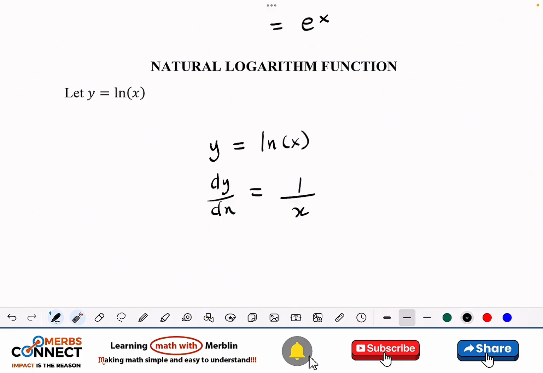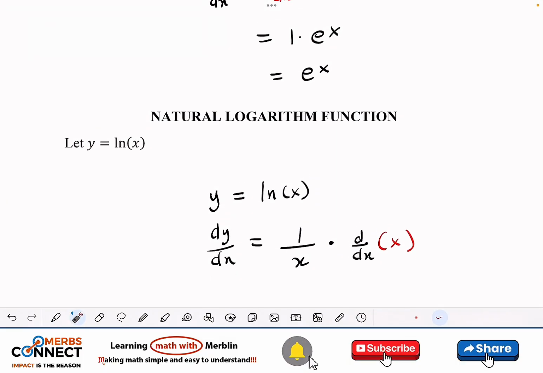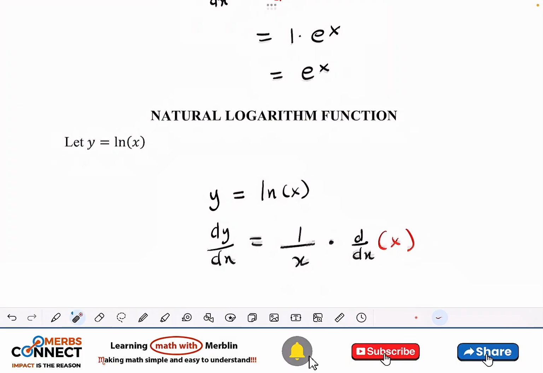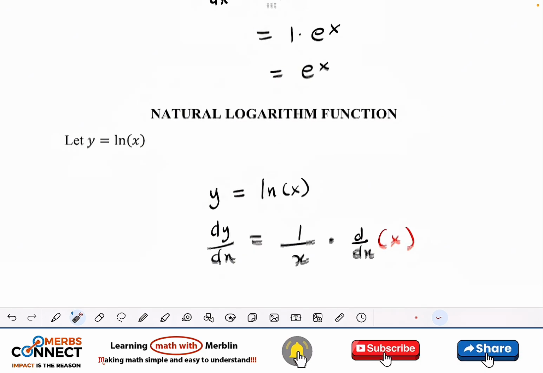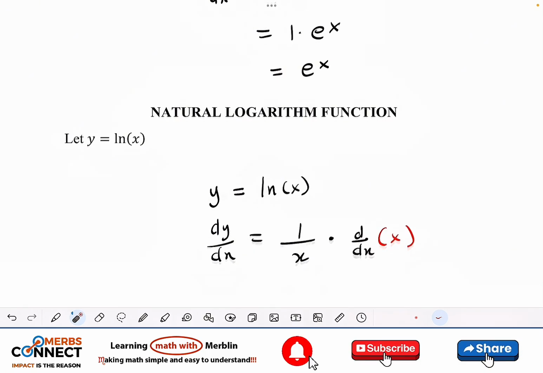Don't forget, 1 divided by what is inside the parentheses, times the derivative of what is inside the parentheses. So pay attention to the way we are differentiating them. Have them in mind and then you are good to go.